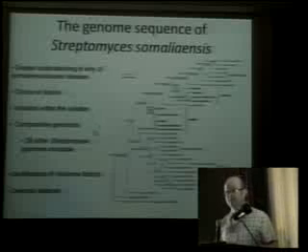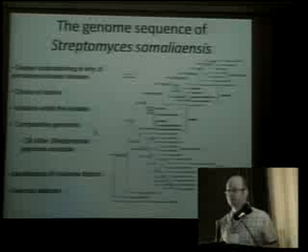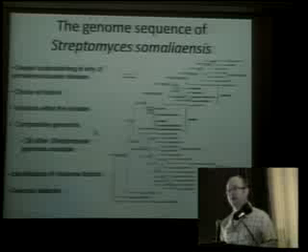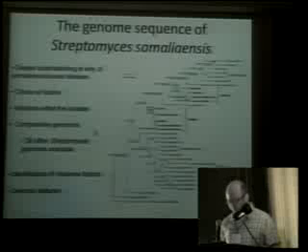Because of the biotechnological interest in Streptomyces, there are about 28 other whole Streptomyces genomes known. So this gives us a tremendous resource in being able to compare our pathogen sequence against known non-pathogenic strains. So that immediately makes it easy to identify regions of the genome that are different and therefore are likely to be encoding our genes for pathogenicity.